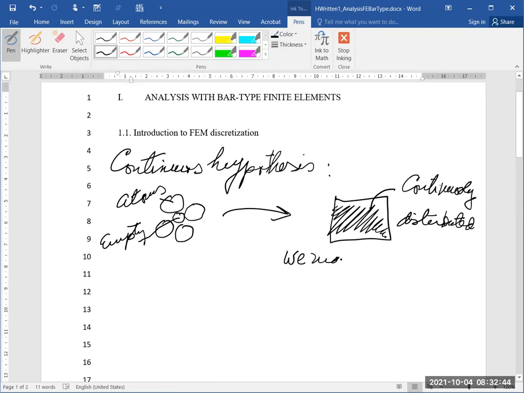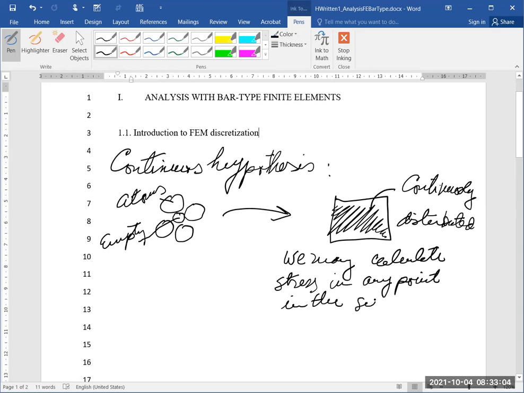We may calculate stress in any point in the system.